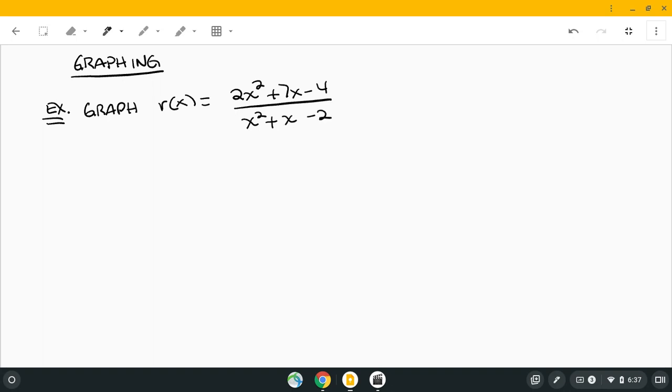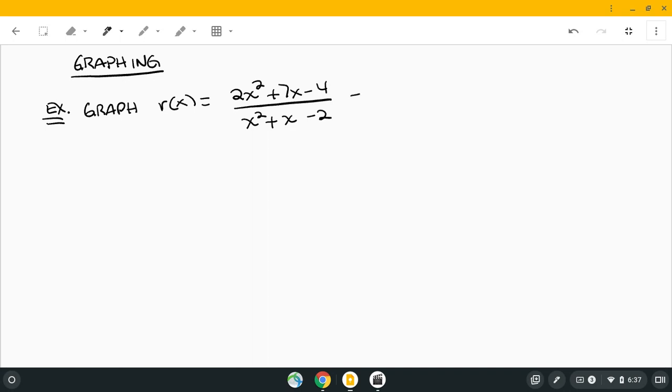All right, so let's go ahead and try this first example. So let's graph r of x equals 2x squared plus 7x minus 4 all over x squared plus x minus 2. Okay, so sometimes it's good to factor everything.